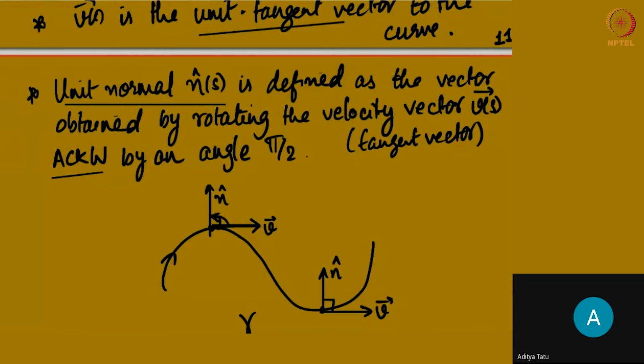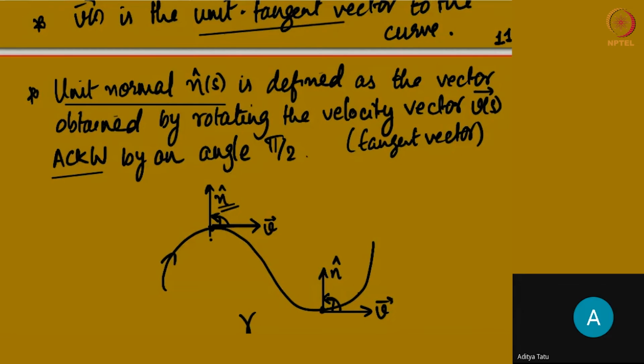That will be your unit normal at this point. Similarly, at this point, if this is your tangent vector, rotate it in an anti-clockwise direction by an angle pi by 2, you get your unit normal vector. Okay?